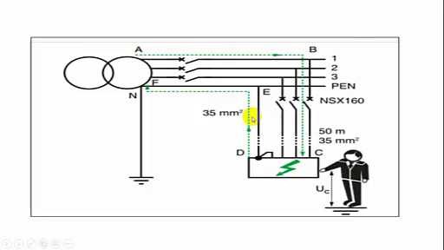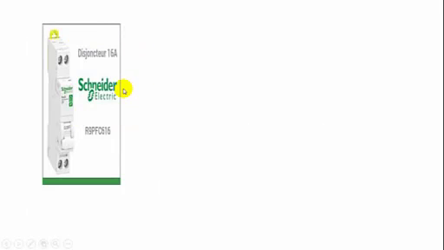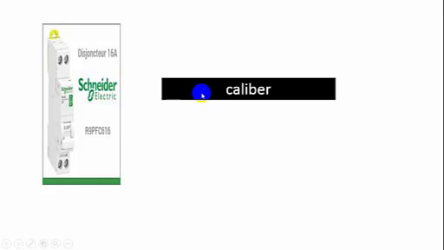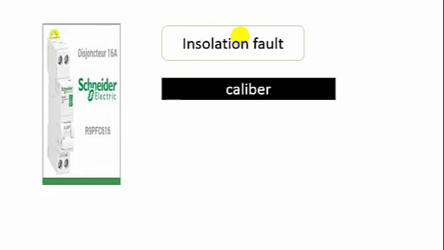How do we calculate? In this lesson we go talking about circuit breaker characterization. We go talking about the caliber, which is based on information calculated by the supply power estimated, and about the insulation fault as the basis for short circuit.